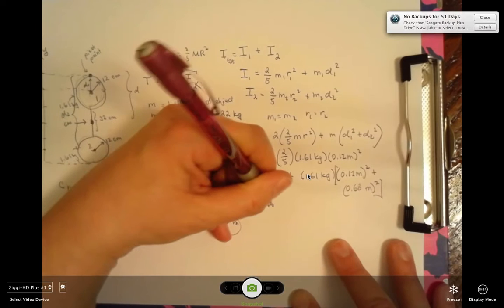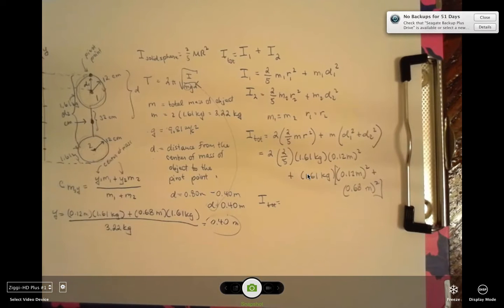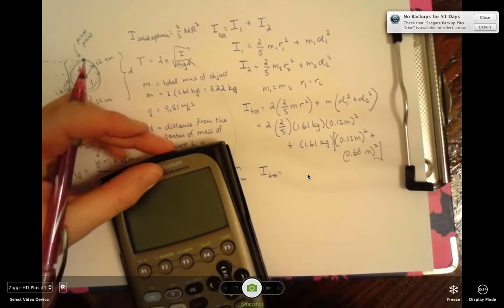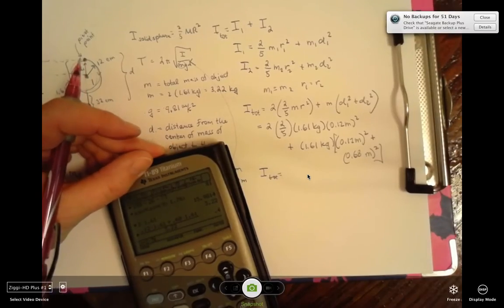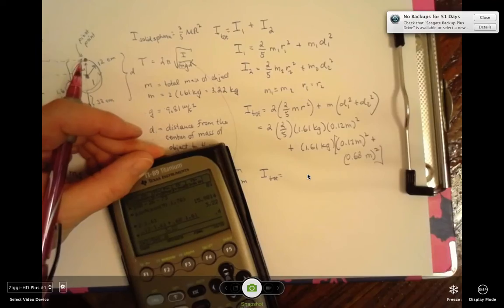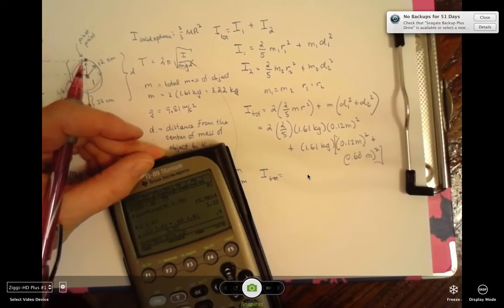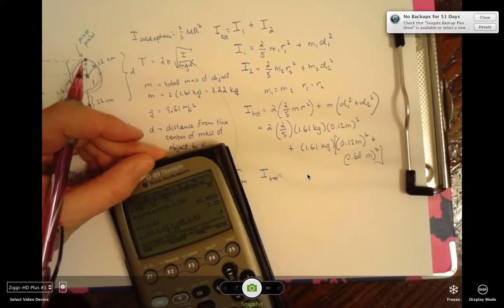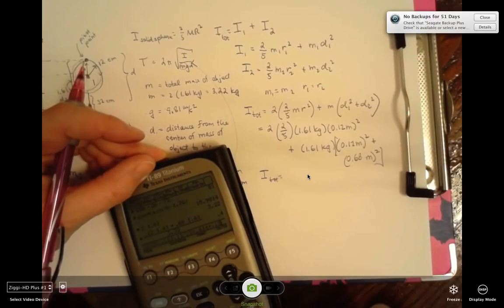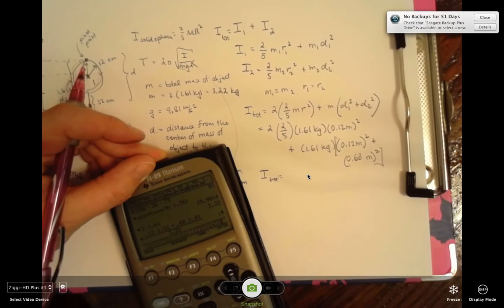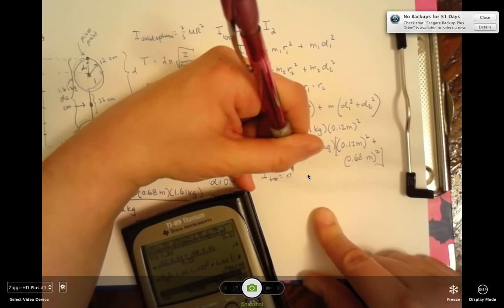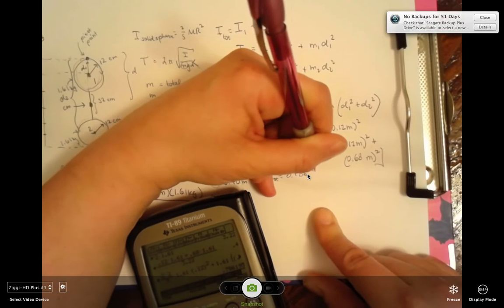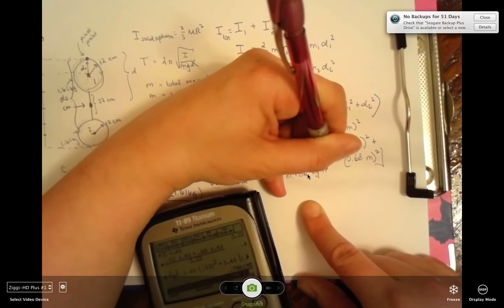So your moment of inertia total should have been, let's see, 2 times 2 over 5 times 1.61 times 0.12 squared plus 1.61 times 0.12 squared plus 0.68 squared. The total should have been 0.786 kilogram meters squared.